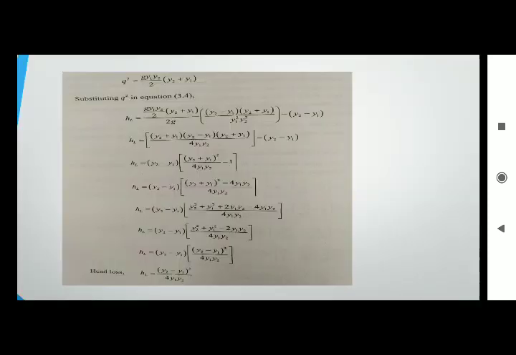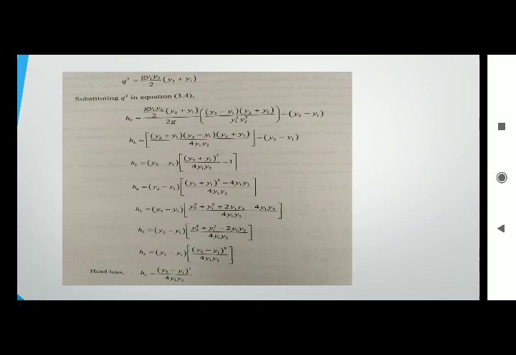Then I substitute velocity in terms of discharge per meter width. Then I get head loss equal to q square by 2g into (y2 minus y1) into (y2 plus y1) divided by y1 square y2 square, minus (y2 minus y1). From the previous equation I derived q square is equal to g into y1 y2 divided by 2 into (y1 plus y2).